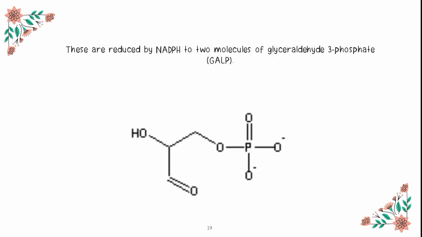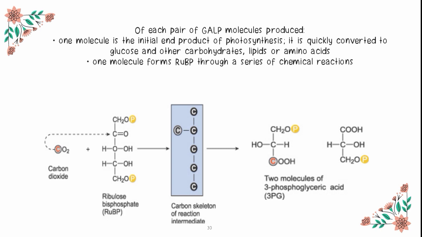So this is reduced by NADPH to 2 molecules of glyceraldehyde triphosphate. Of each pair of GALP molecules produced, one molecule is the end product of photosynthesis. It is quickly converted to glucose and other carbohydrates, lipids, or amino acids.